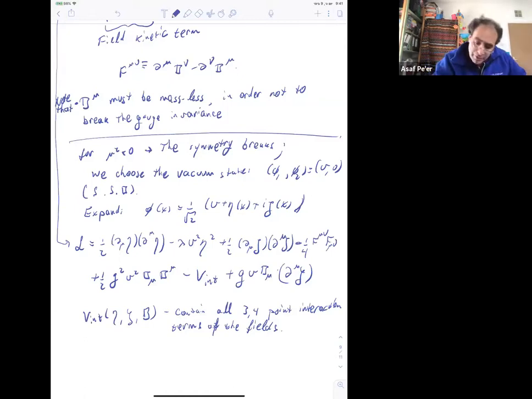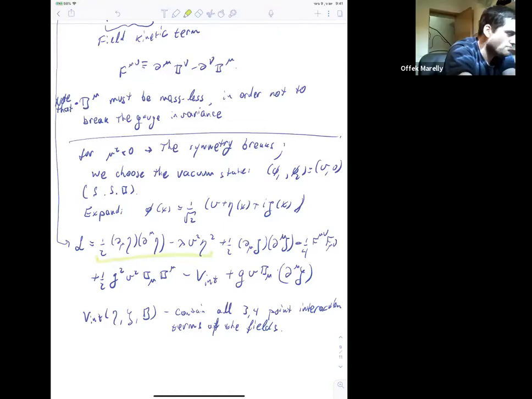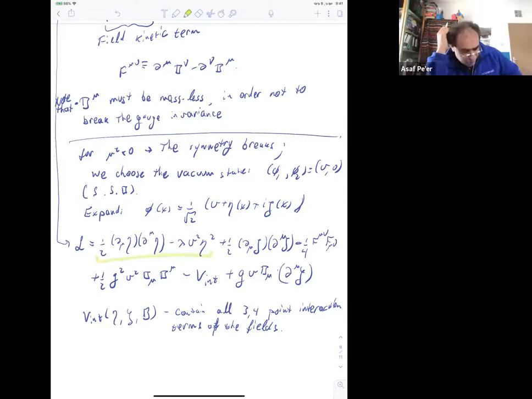Now, what do we have in the Lagrangian? Let's do it. So the first 2 terms, what is that? Kinetic term. The first 2 terms represent the field eta. It's a massive field.